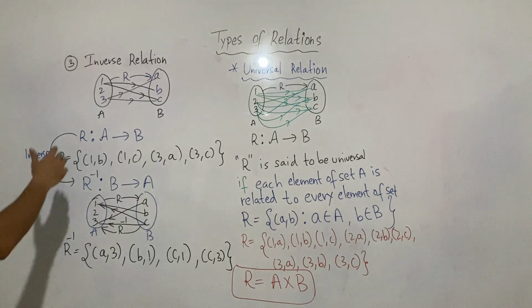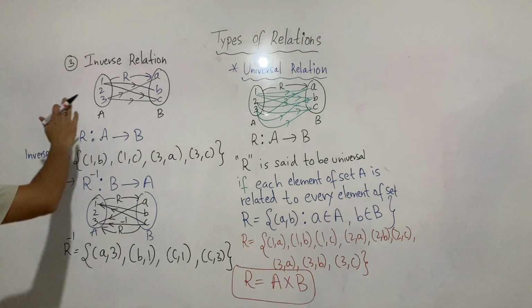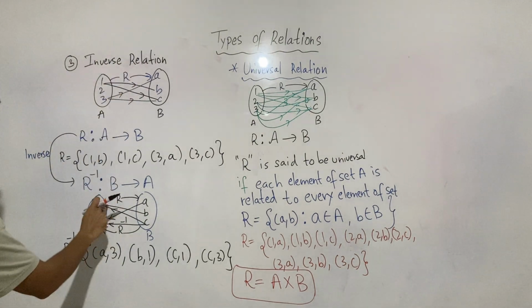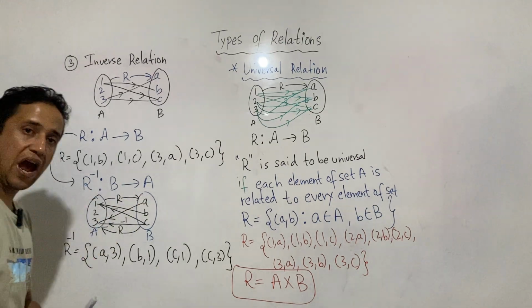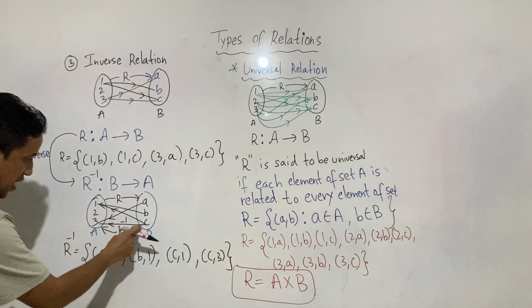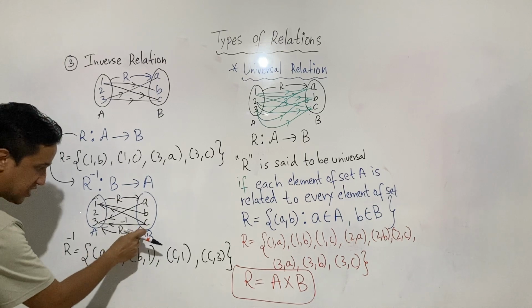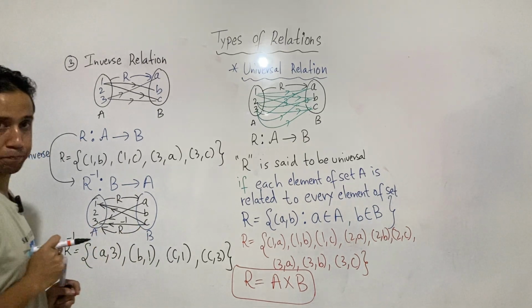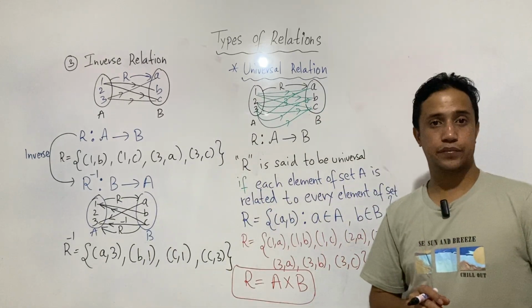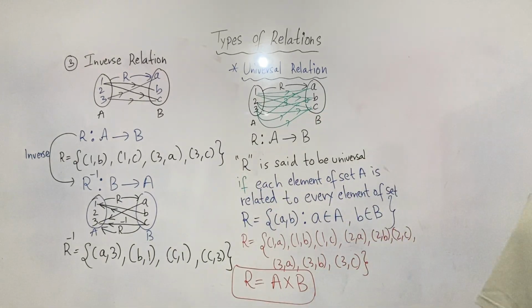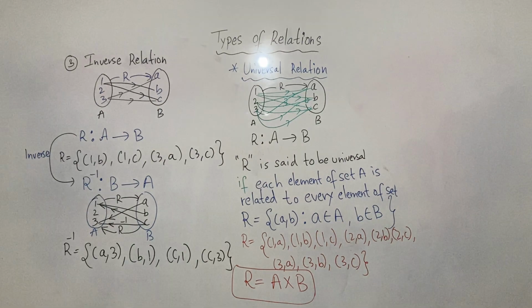Okay, so our relation was defined from set A to set B. If you have to find the inverse, then it has to be from set B to set A. I hope this thing is clear to you. Okay, so let's go to the next one.